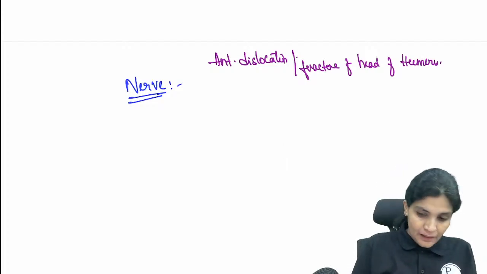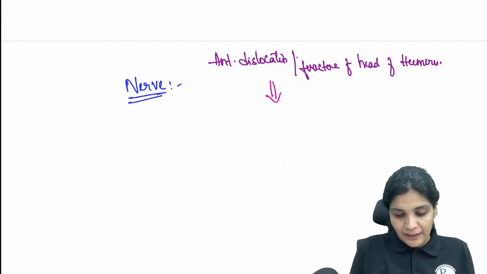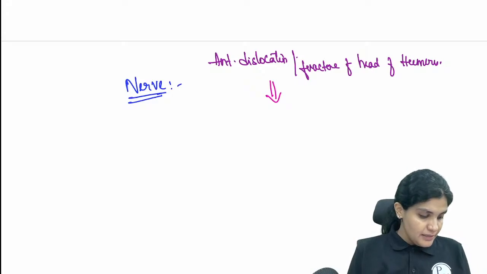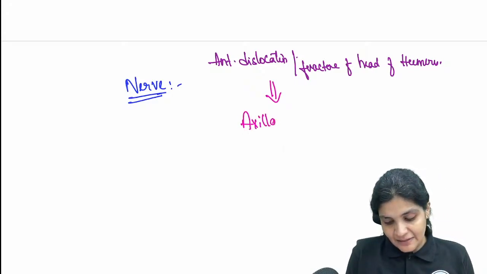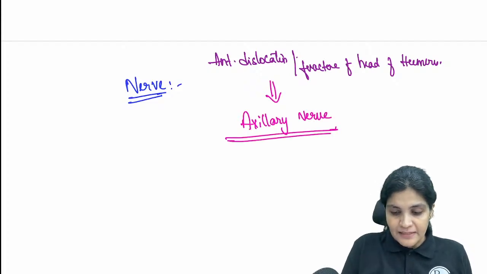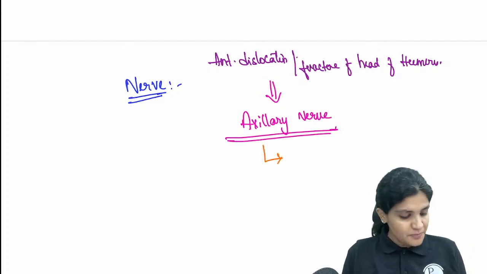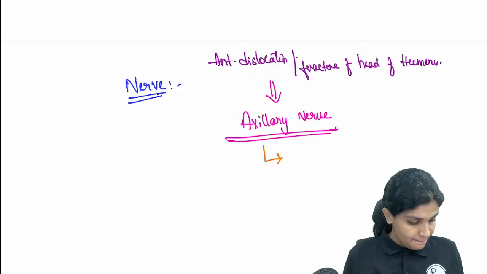Which nerve are we worried about in case of your shoulder joint? Faster. Yes, very good. It is the axillary nerve. So what is the nerve supply? Axillary nerve supplies which muscle? Faster.